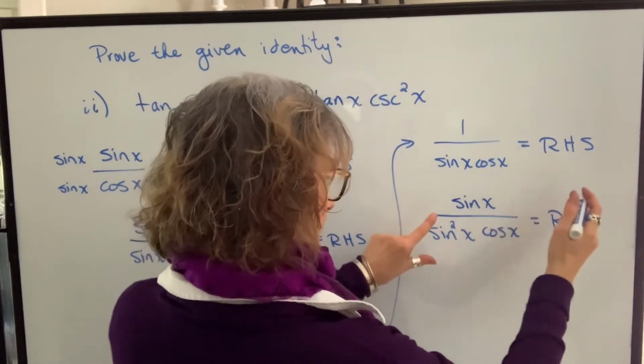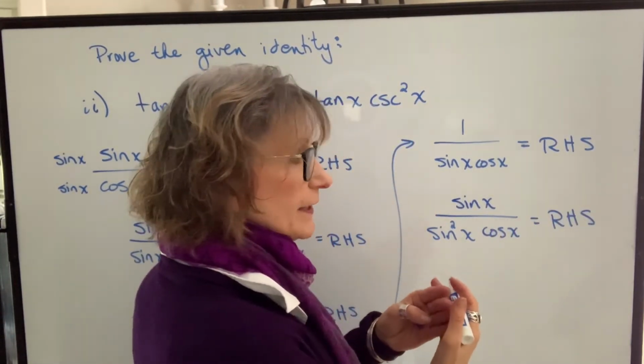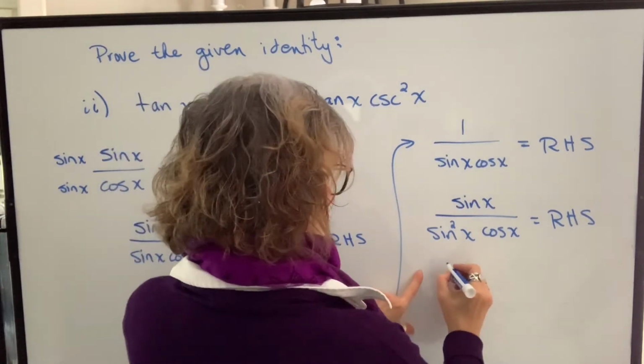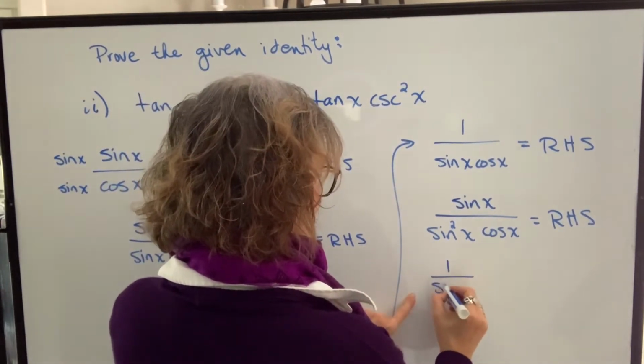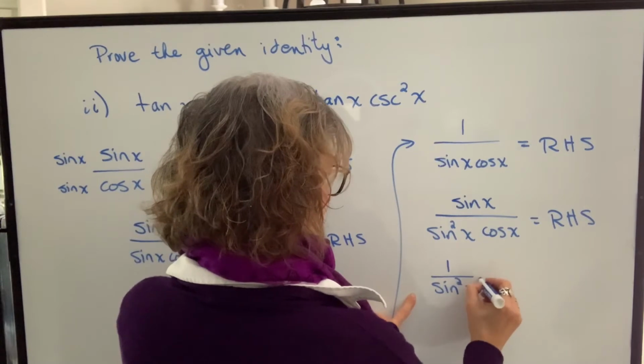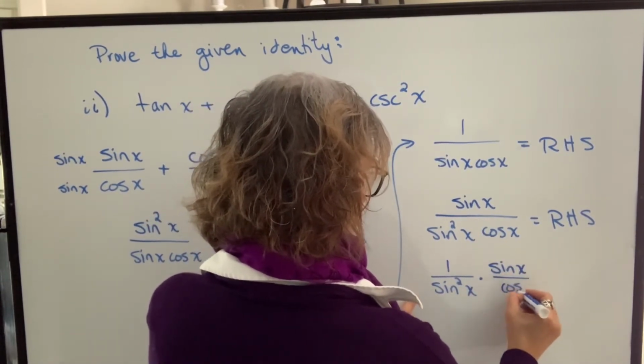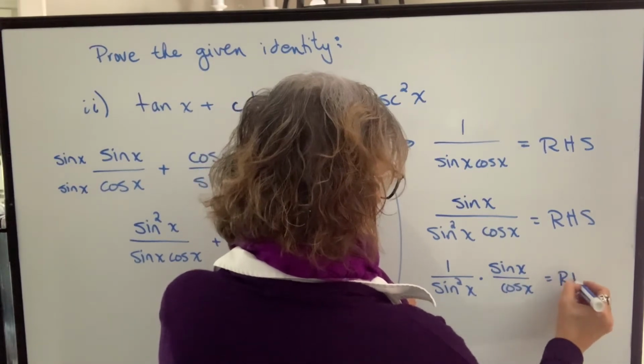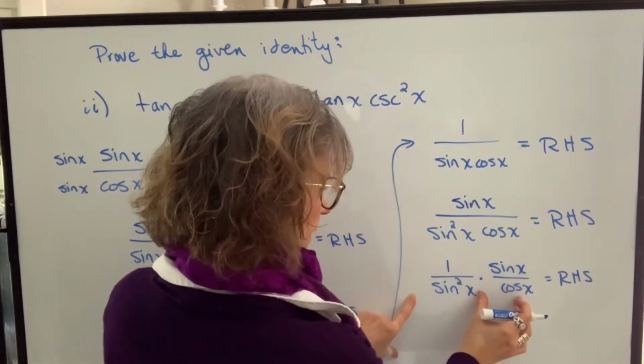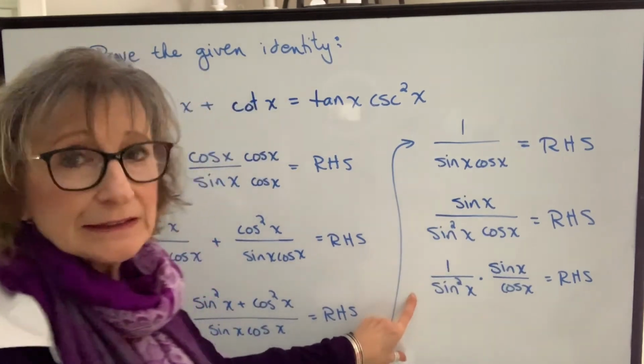Now I'm going to write this as a product of two fractions. So I'm going to write it as 1 over sine squared x times sine of x divided by cos of x. If I were to multiply these two fractions, I would end up with that.